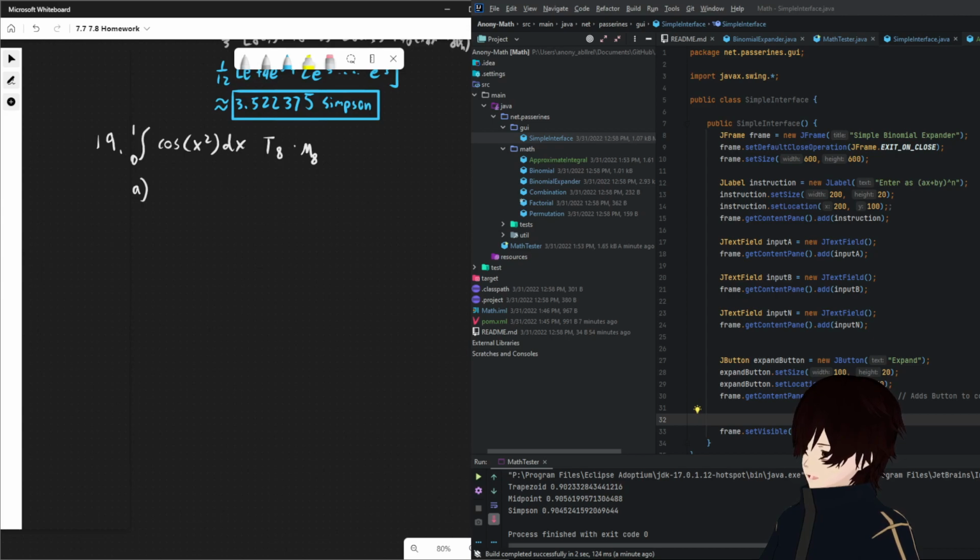Learn repository. Hmm. Oh wait, hang on. Is XP4J capable of taking derivatives?